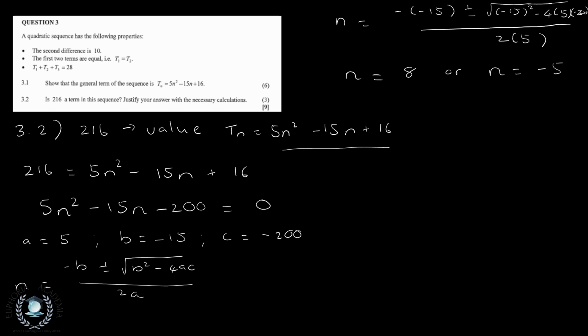But you can't have a negative term, because the term numbers are elements of the natural numbers, so it cannot be negative 5. So our 8th term, T8, will actually be equal to 216. So therefore, yes, the term exists. Let's just say that the term exists, and that is our answer to the question.